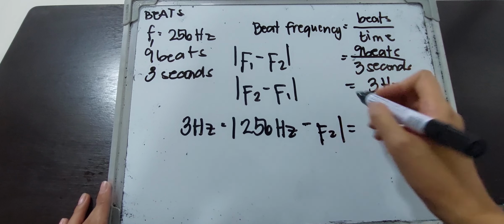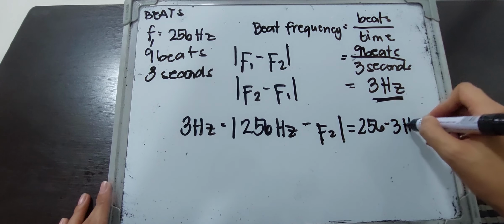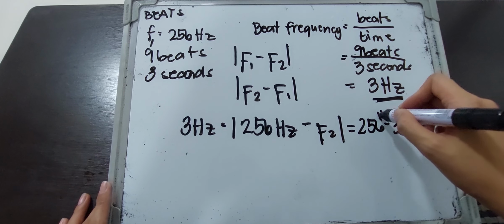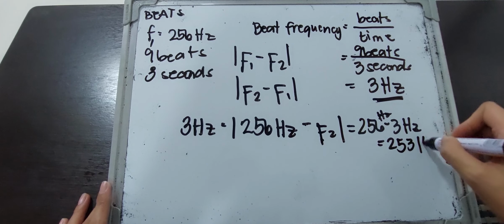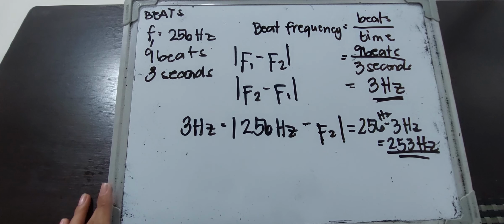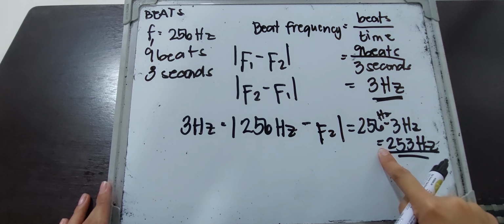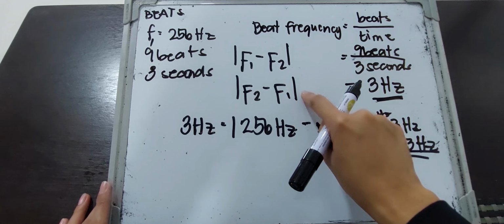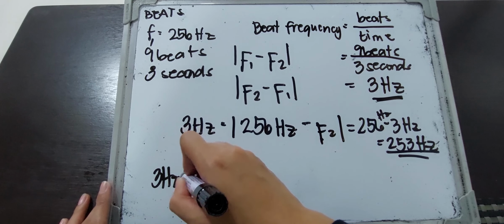So, 256 minus 3 Hertz, this is also Hertz, is 253 Hertz. So, this is the frequency of the piano note, or pwede din namang 259.